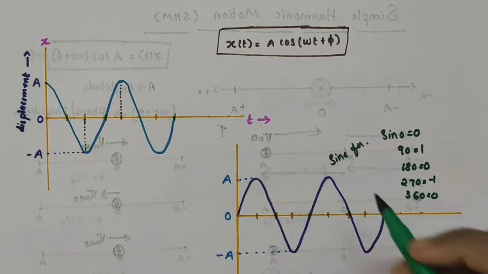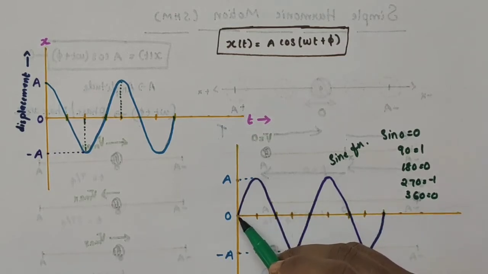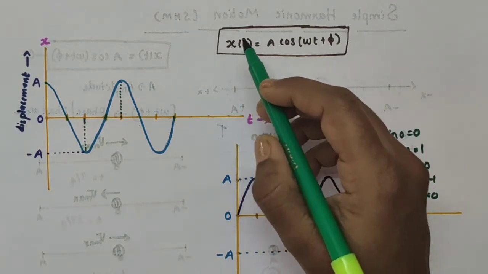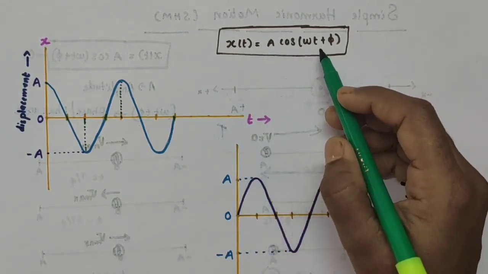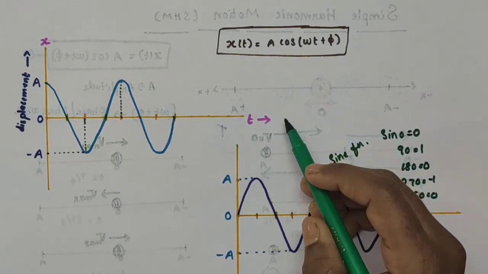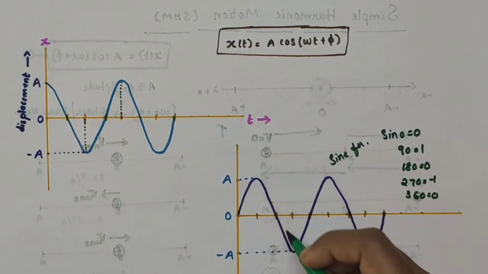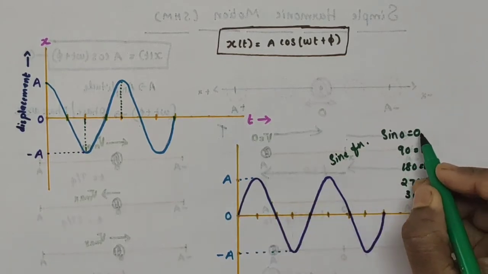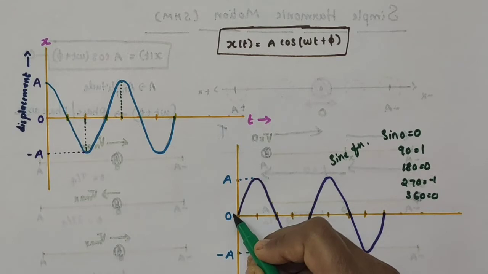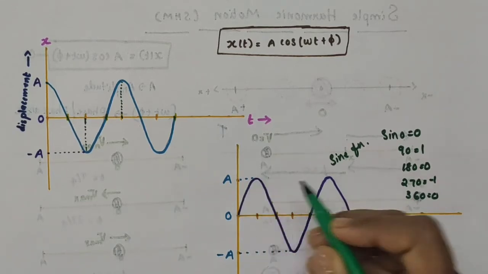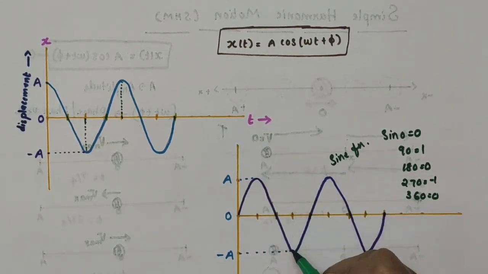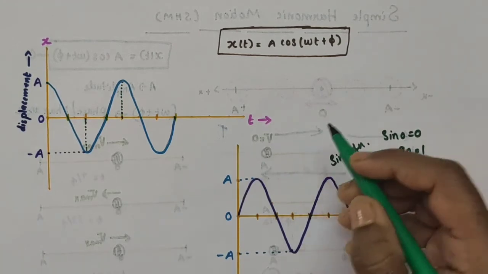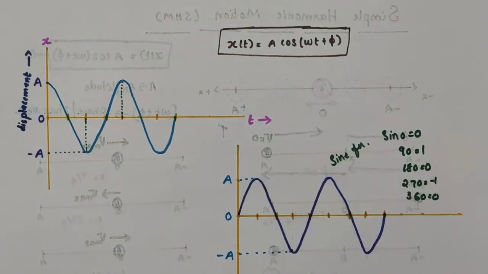That is, the sine function starts from 0. And here we have taken displacement x of t as A cos of omega t plus phi. When we consider the sine wave, it varies between 0, 1, 0, minus 1, 0, and continues like that.